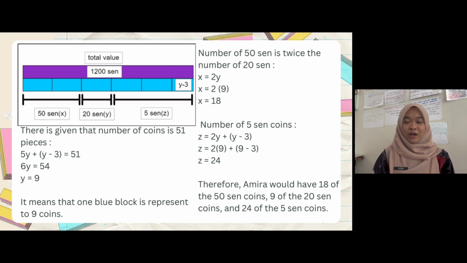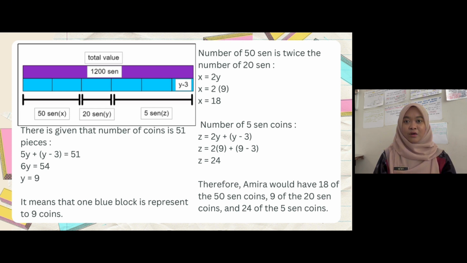And then the last one, we will find the number of coins for 5 cents. We know the number of 5 cent coins is 3 less than 3 times the number of 20 cent coins, which means 3 times 9 minus 3, because it is mentioned that it is 3 less than.